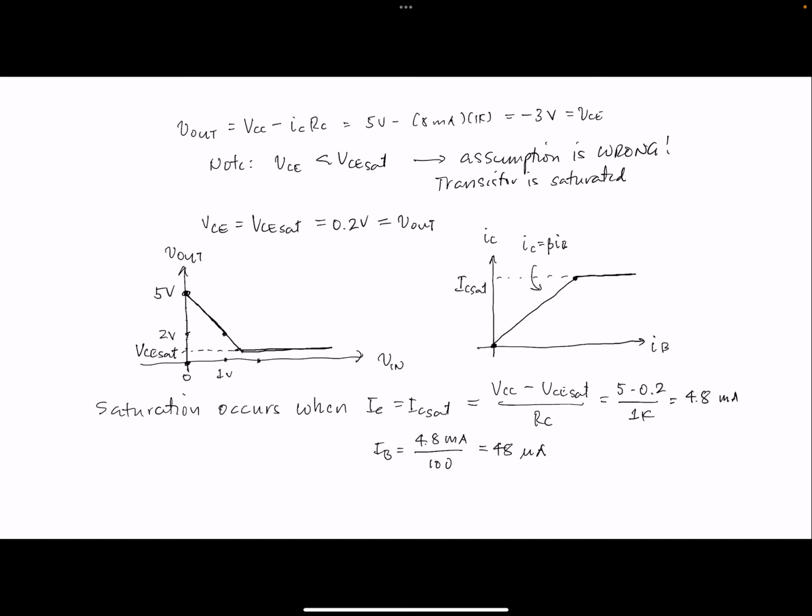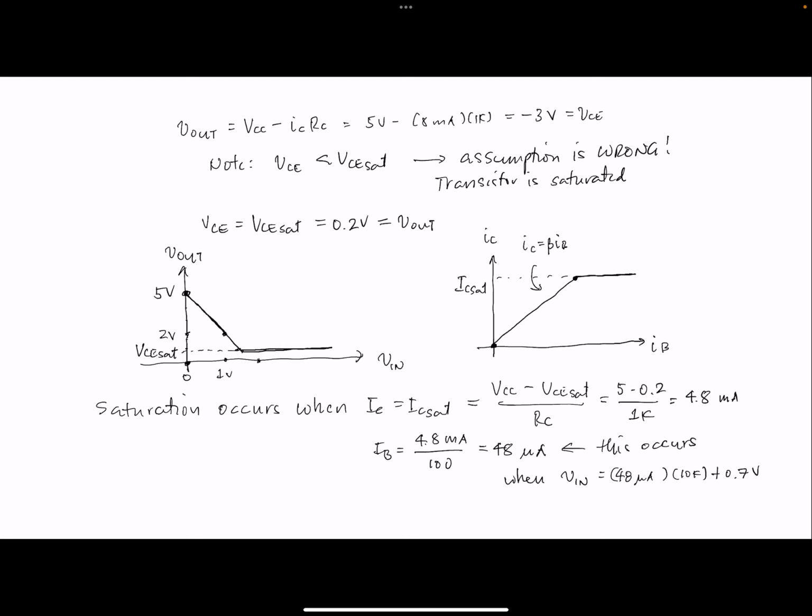Now, when do we get 48 microamperes? You can determine the Vin at which this will occur. So this occurs when Vin is equal to 48 microamperes multiplied by RB 10K, plus 0.7 volts.